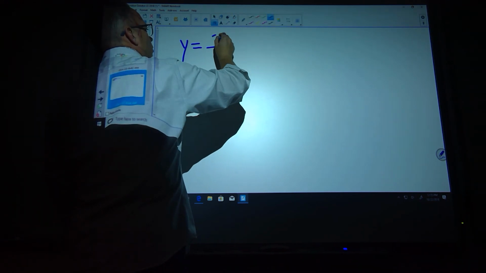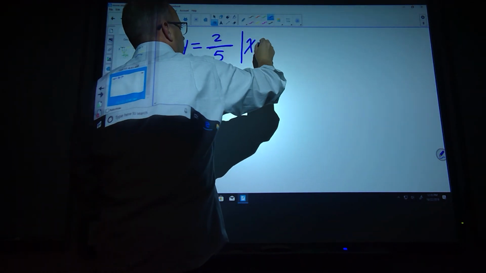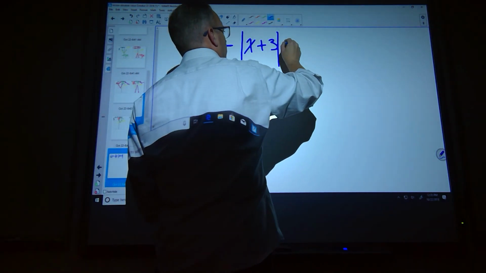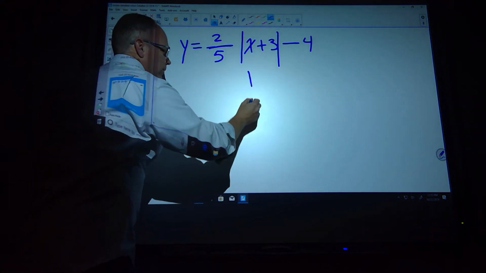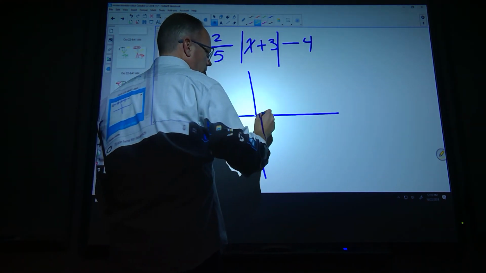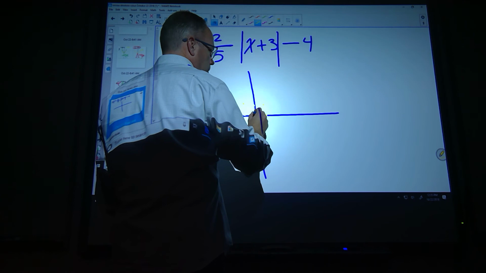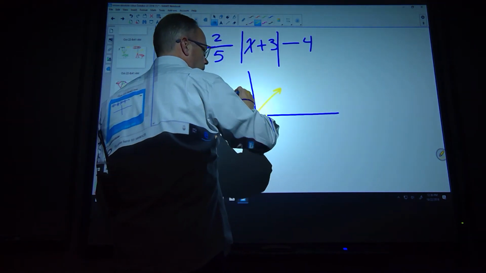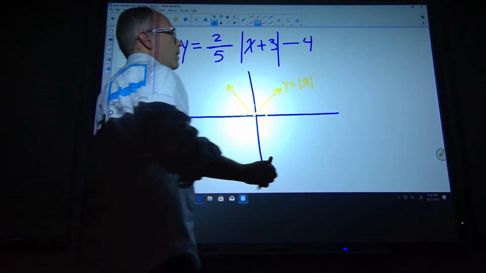Let's change that to 2 over 5 times the absolute value of x plus 3, minus 4. Okay? So my parent function looks like this. Is that okay?